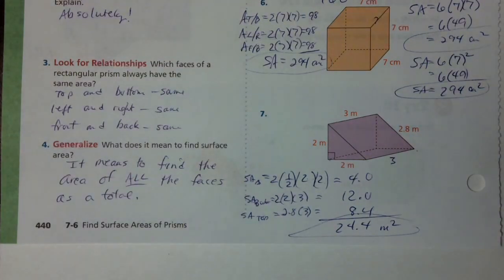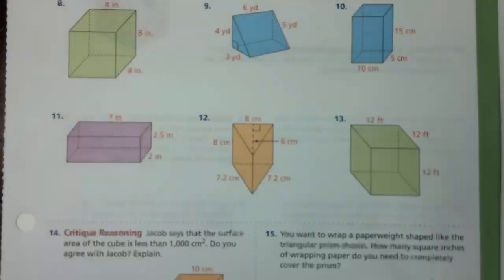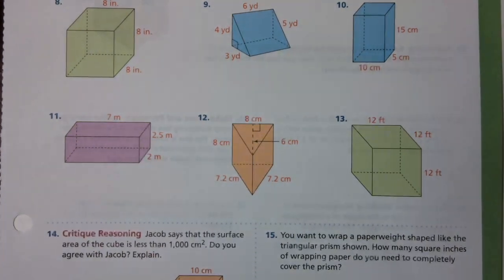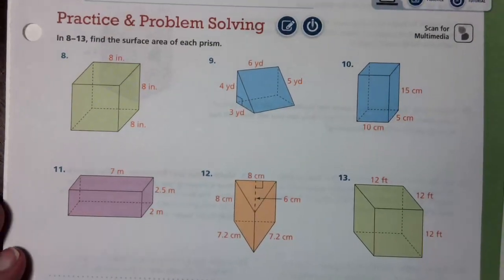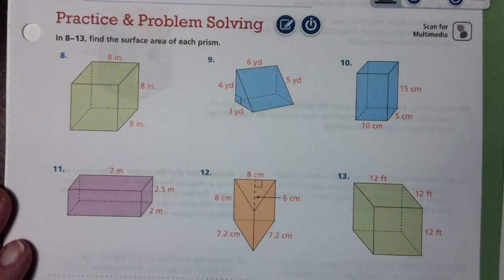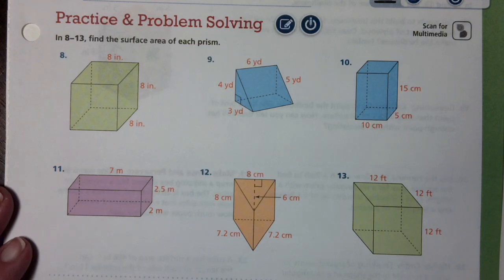Get page 441 out and let's look at it. Okay, problem number 8 is a cube. We've done one like that on number 6. Number 9 is a triangular prism.